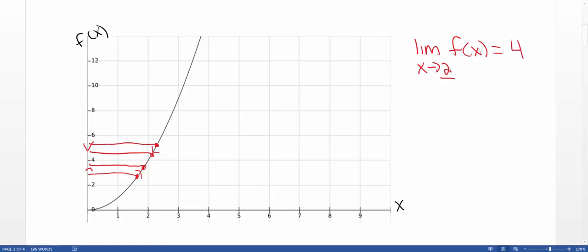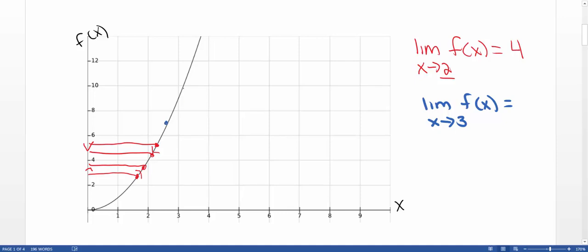Similarly, if we wanted to look at a different limit, we could pick a different x value to approach. If we want to consider the limit as x approaches 3 of f of x, I'm now asking what y value am I going to be approaching as x gets closer to 3?